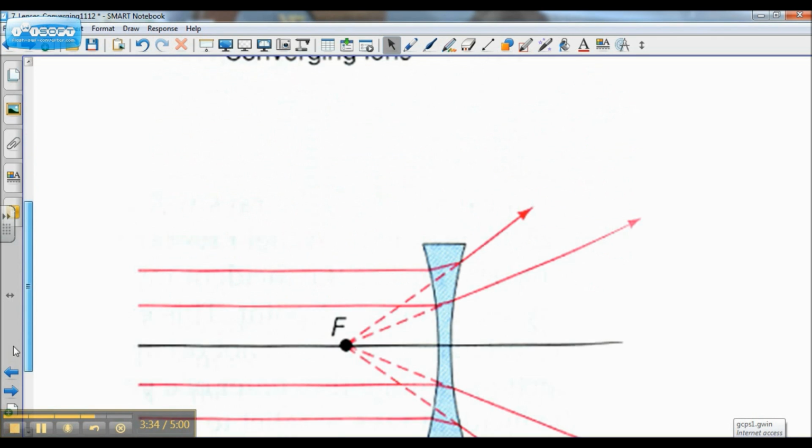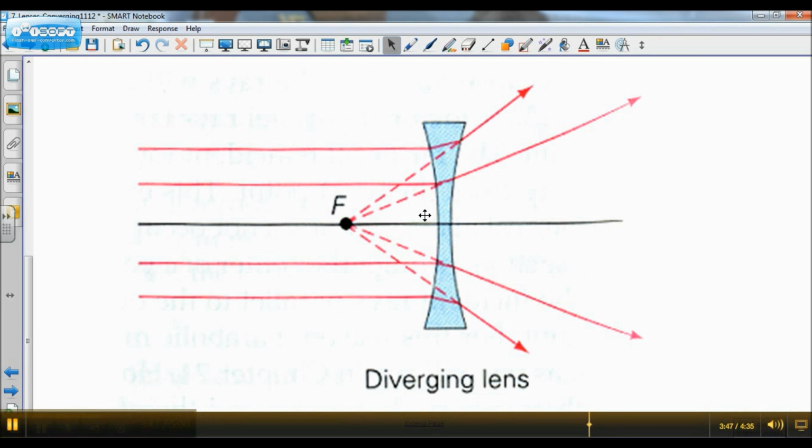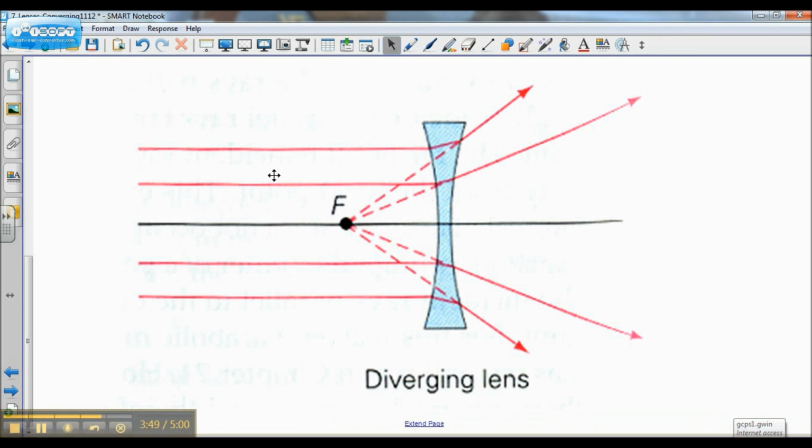For a diverging lens, you have the parallel light rays that go through, but whenever they hit the lens, they bend in a way where they go outward. So they do not converge on this side. Instead, they form a virtual converging point on the same side as the initial point.